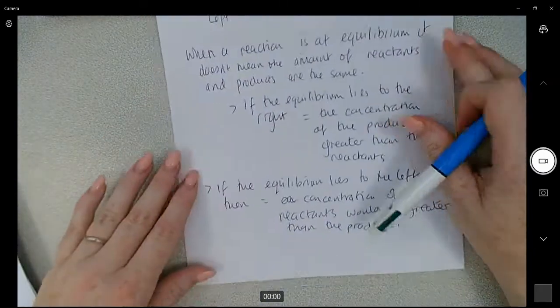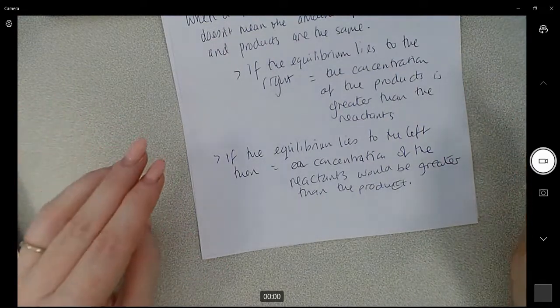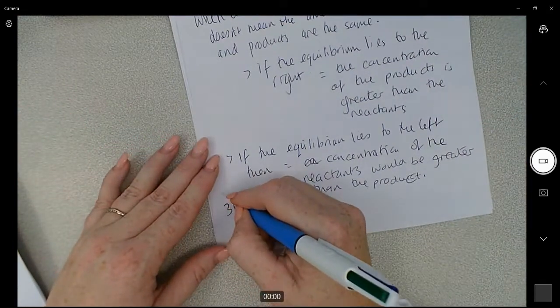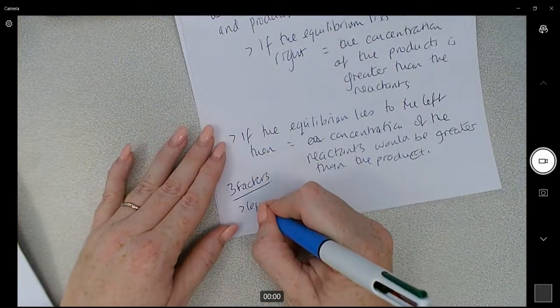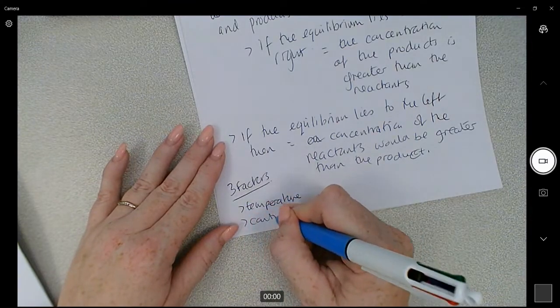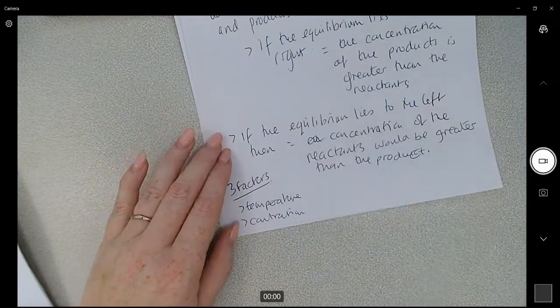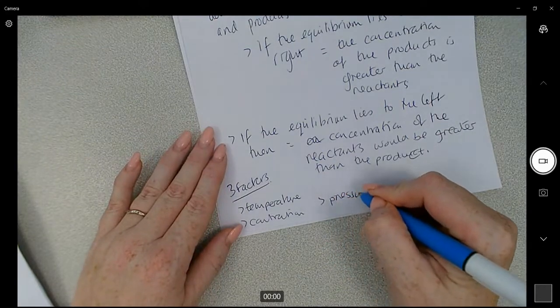So that's important. Now, the overall position of the equilibrium depends on 3 factors. So we're going to write those 3 factors down. And those 3 factors are temperature, they are concentration of reactants and products, and they are also pressure.